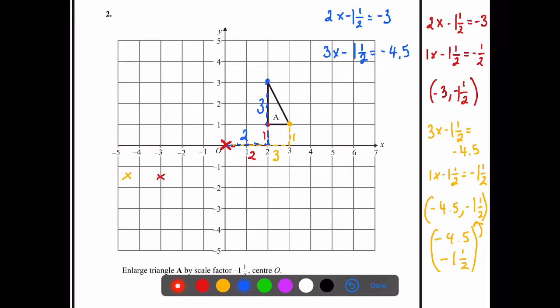Okay, so we need to go -3, -4.5 from our center point. So here's our center point, -3, -4.5 there. Okay, so our new point will be there, and then all you can do is draw in your new triangle.